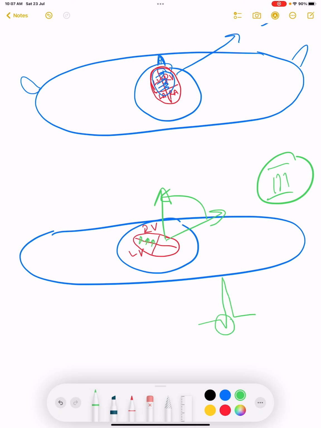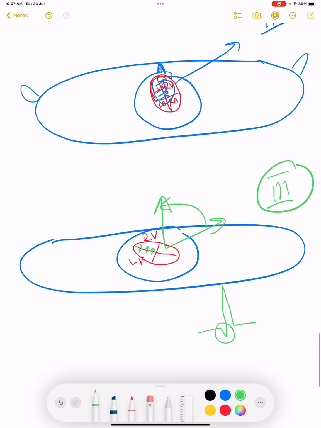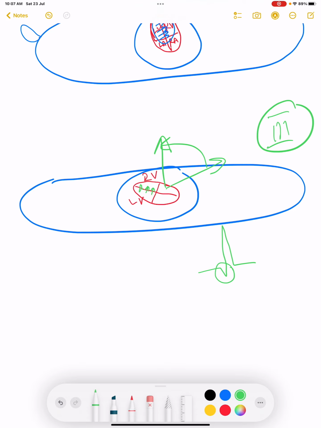So the Q waves which appear only in lead 3, not in other inferior leads, not in lead 2 and aVF, are physiological. If a Q wave is there in lead 2, 3, and aVF, then it is not a physiological Q wave. It means that there is some problem in the inferior wall. But if a Q wave is present only in lead 3, and that Q wave is changing its size with respiratory movement, that is also a physiological Q wave, and we usually call it a respiratory Q wave.